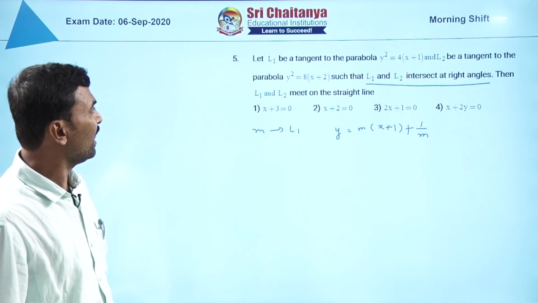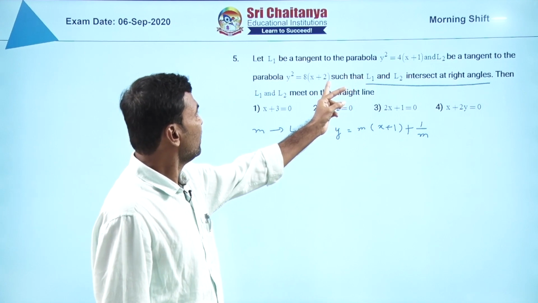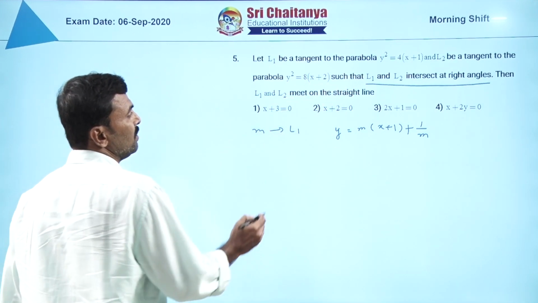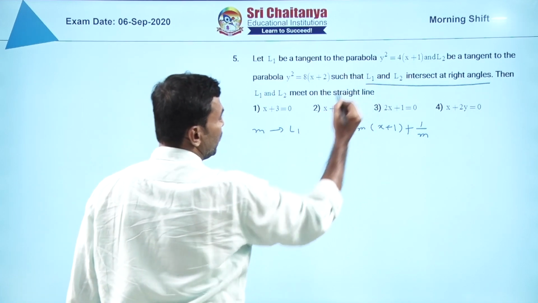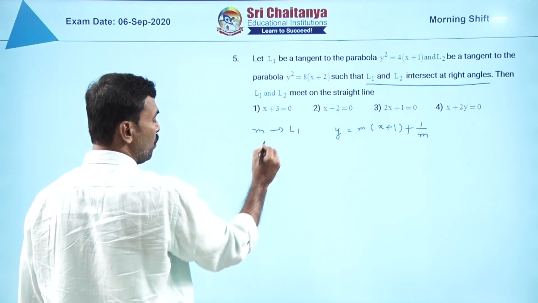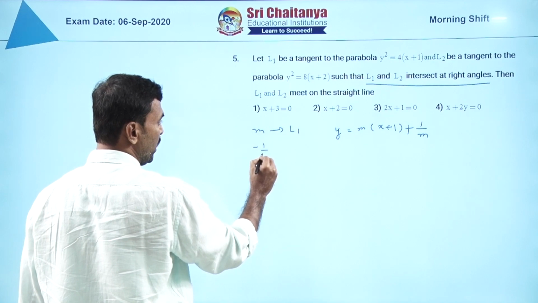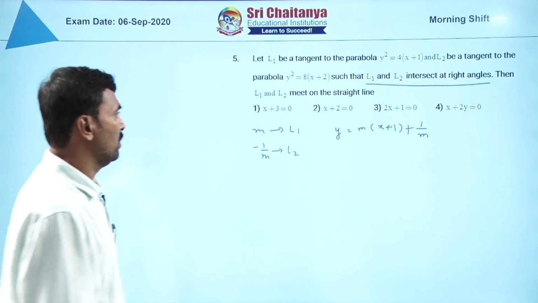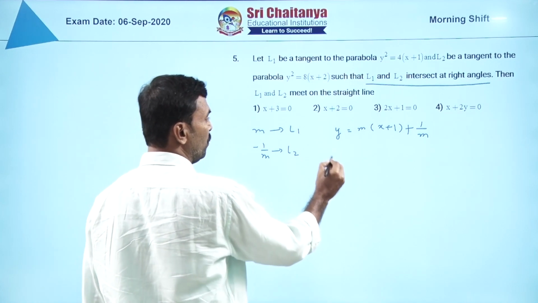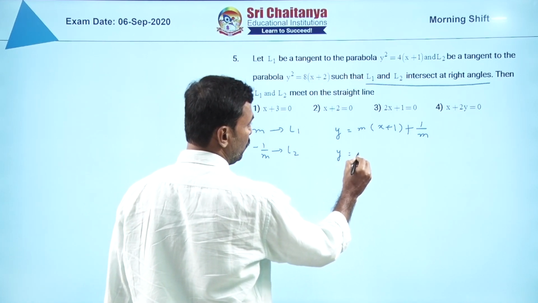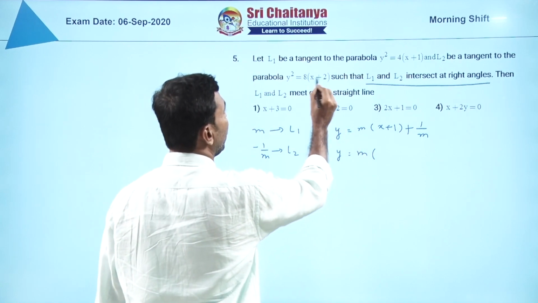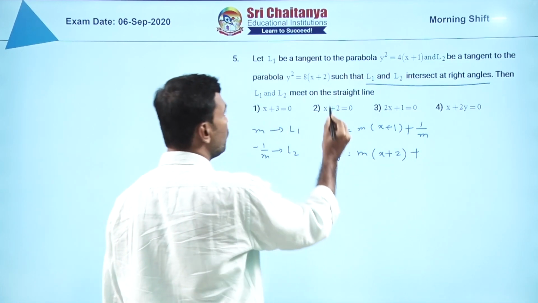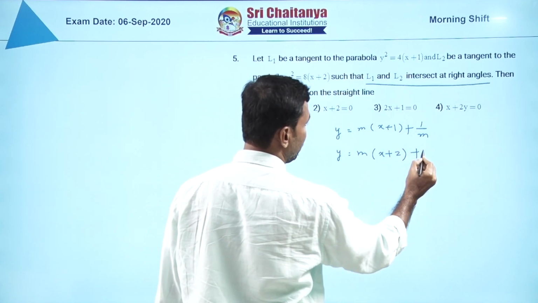Now, similarly, I will write the equation of the tangent to the second parabola. Because L1 and L2 are perpendicular, when m is slope of L1, then minus 1 by m is slope of L2. So, equation of L2 becomes y is equal to m into x plus 2 plus a by m, where a is 2 here for the second parabola.